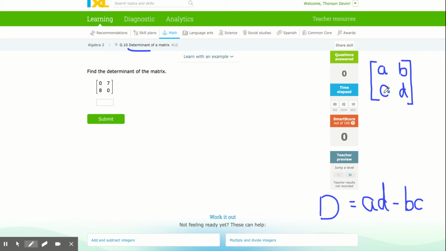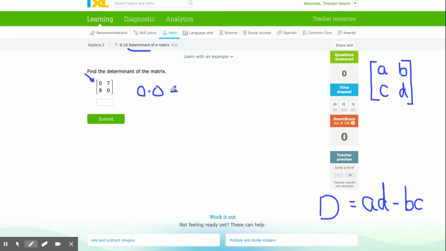The determinant is found by multiplying the two diagonal A and D together and then subtracting off the other two diagonal elements multiplied together. So for instance, in this one right here, you would take 0, you would times that by 0. That's this diagonal coming down like this.